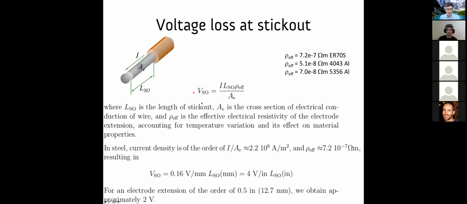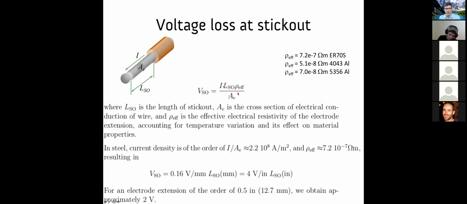So the voltage loss is current times the resistance, which is proportional to the length and inversely proportional to the cross-sectional area of the conductor. And here we have what is called a resistivity. I will tell you in a second why I call it effective.